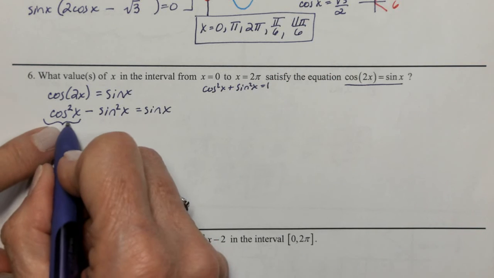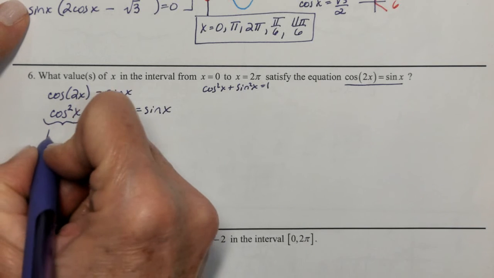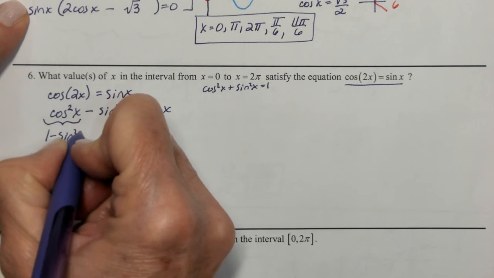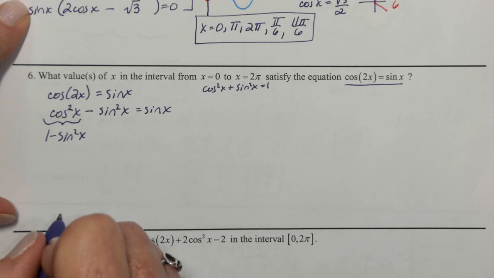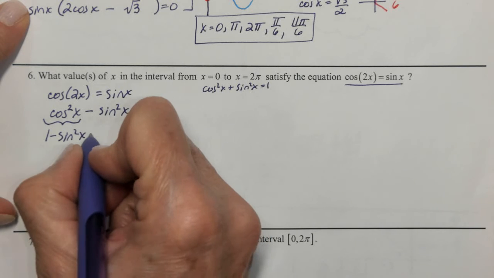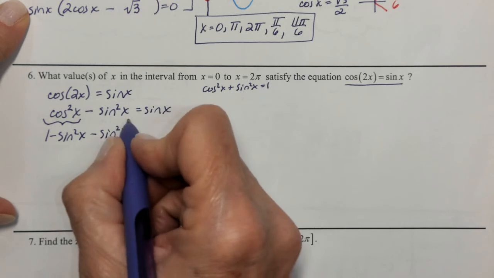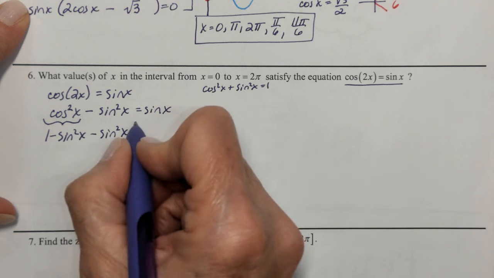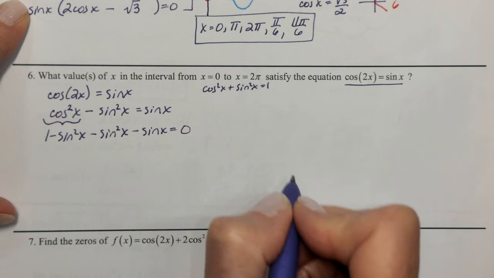I can change cosine squared to 1 minus sine squared, right? So cosine squared x is 1 minus sine squared x. I still have this minus sine squared x. I'm going to pull this regular sine x to the left, get 0 on one side so that I can factor eventually.